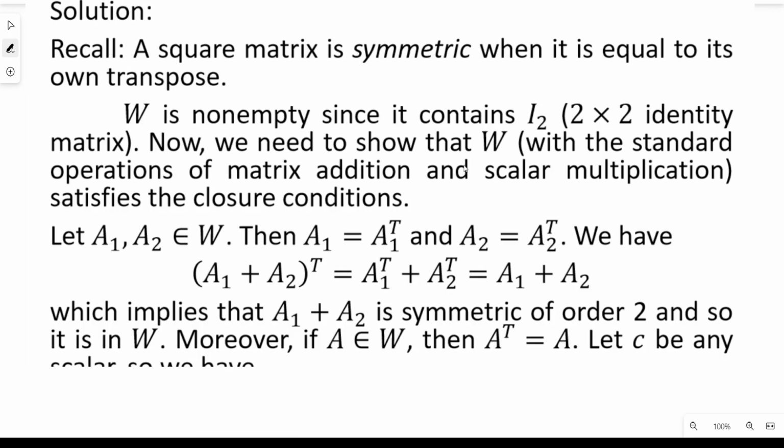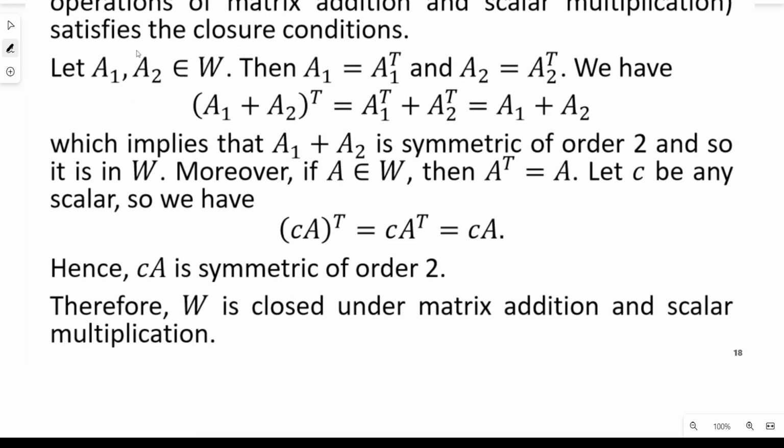Now we need to show that for any two matrices in W, it is closed under addition, and for any scalar, it is also closed under scalar multiplication. So let A1 and A2 be elements of W. Being elements of W means that A1 and A2 are symmetric, so A1 is equal to A1 transpose and A2 is equal to A2 transpose. Thus, to show closure under addition, we need to show that the transpose of the sum A1 plus A2 is just A1 plus A2.